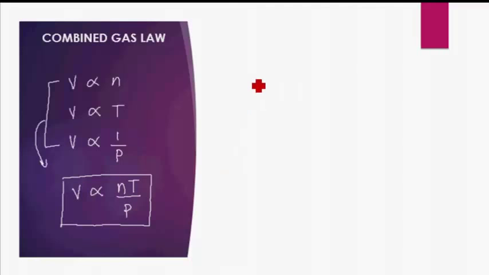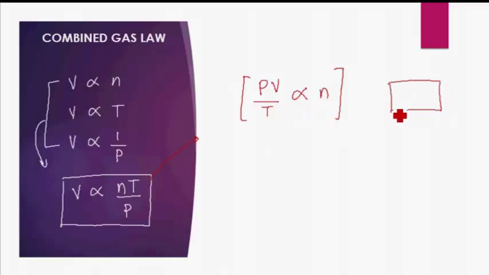So basically I can rewrite this equation in the form that P into V divided by T is directly proportional to number of moles, alright, because even pressure and temperature can be dependent variables. They need not necessarily be independent variables, right? So this means that if number of moles is constant, that is, I have a container in which I have fixed the amount of gas present inside.